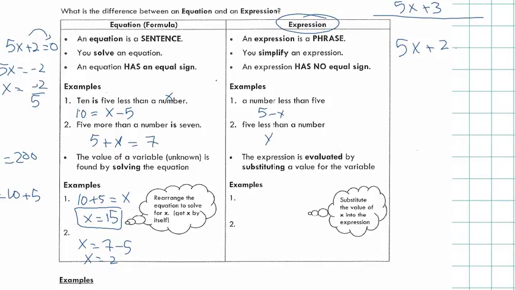So 5 less than that. You see that in this expression, there's no word "is." There's no "is this," or "equal to this," or "gives you this." So the part with the "is" does not exist, and that's why we call them an expression.